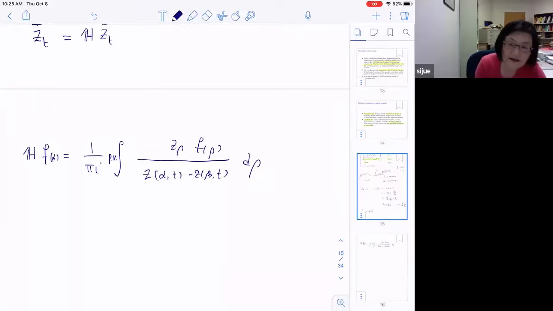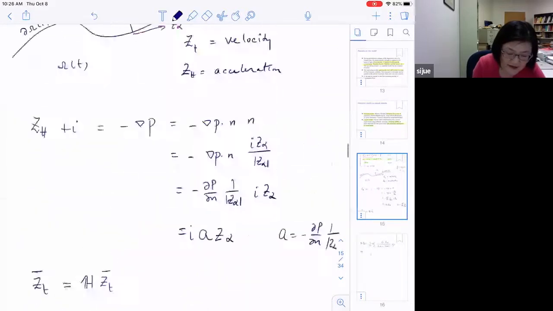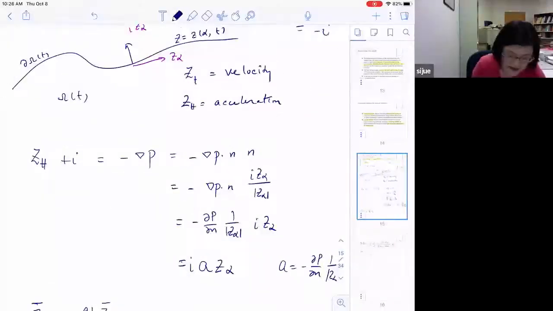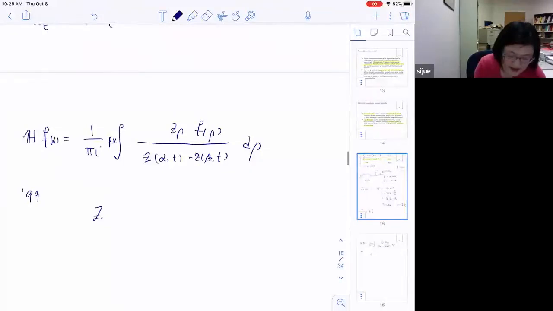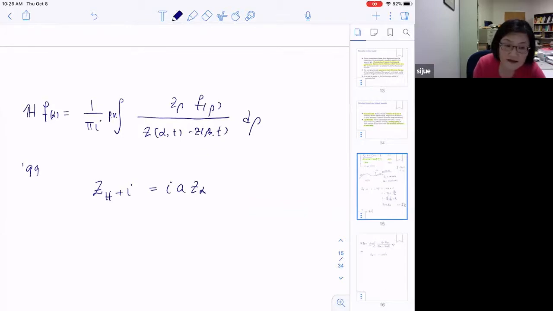It turns out that in the work of '99, we have shown that after taking one derivative to this equation, Z_tt + i = iA Z_α, if you take one material derivative, you get a quasi-linear equation.